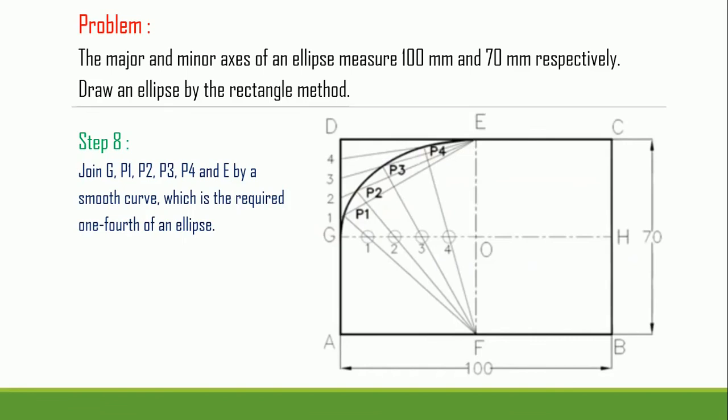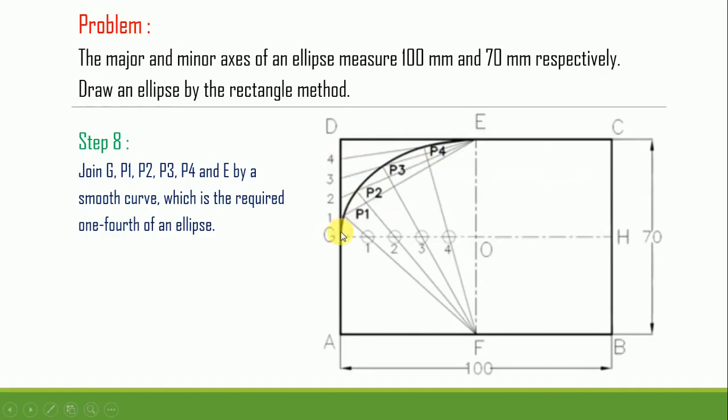Now the next task is to connect all these points. So we join the points G, P1, P2, P3, P4, and E by using a smooth curve, and that becomes our required 1/4 part of an ellipse.